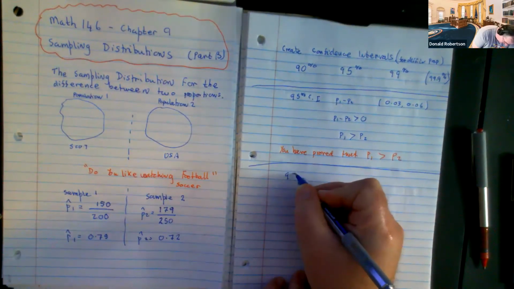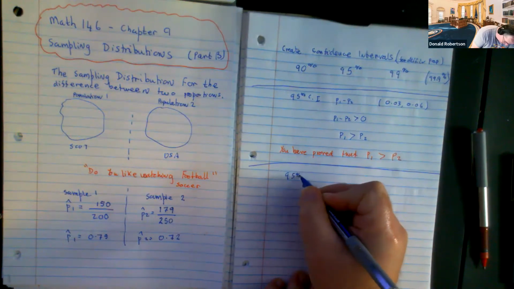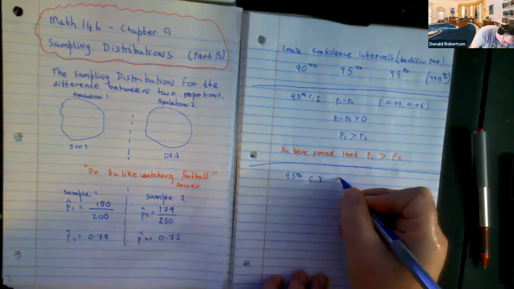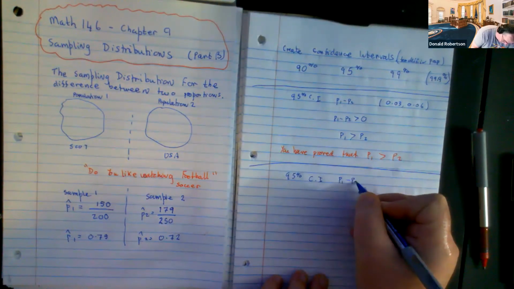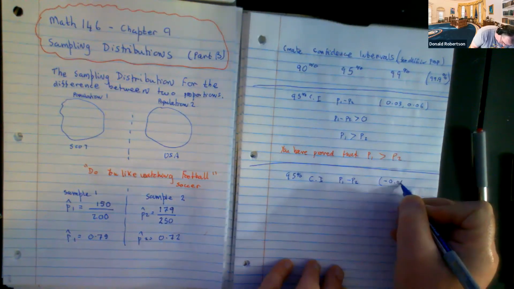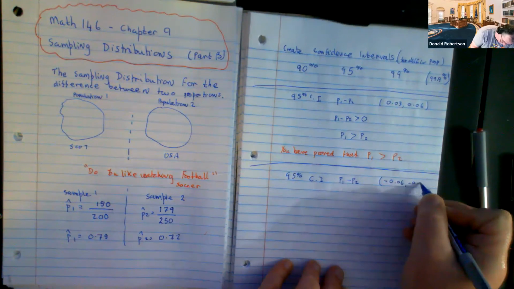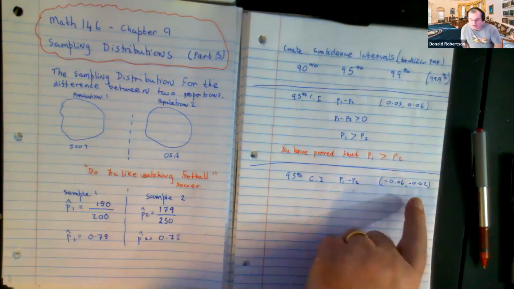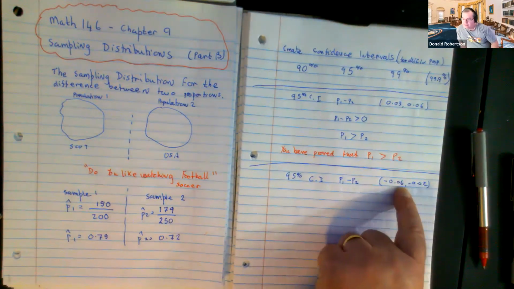Pretend it's not this story, but just another story. And in this second story, the 95% confidence interval, P1 take away P2, ends up being negative 0.06 to negative 0.02. Now, do you notice in this case, everything is negative? Great.